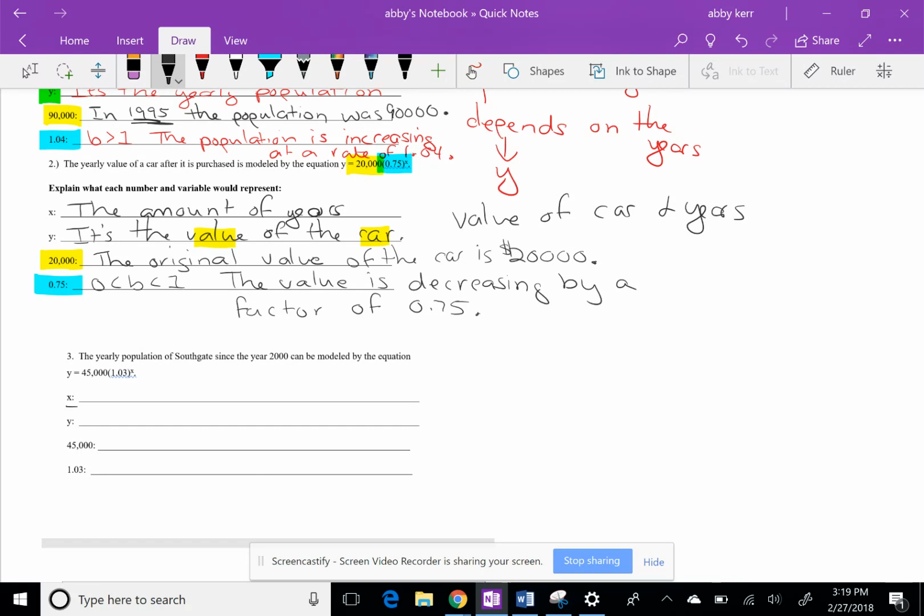So if you checked your work, the x is talking about years again. The y value is talking about the yearly population.